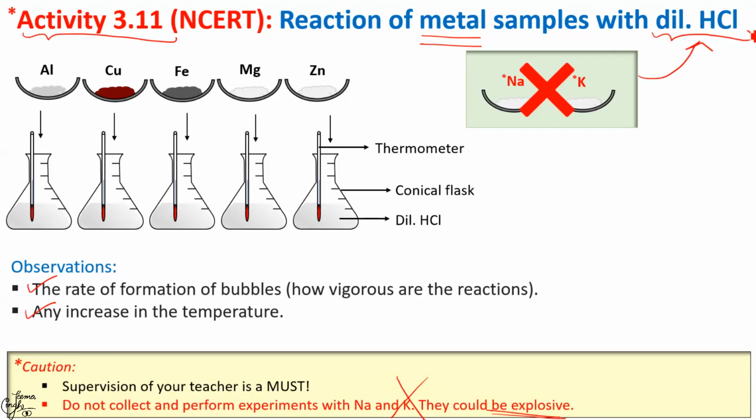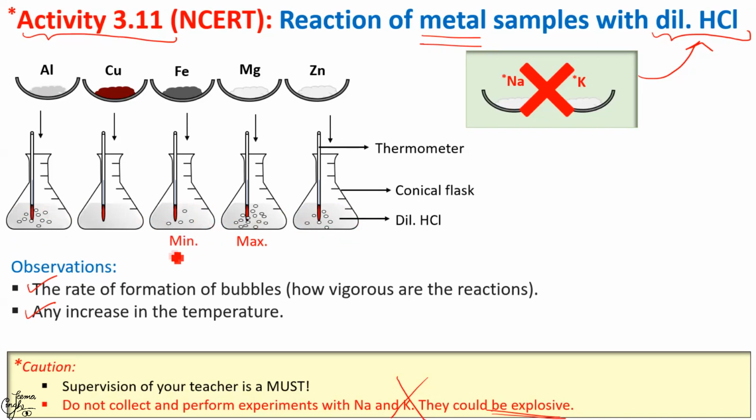Coming to the observation, we will observe that the maximum bubbling of hydrogen gas is observed during the reaction of magnesium with dilute HCl, followed by that of aluminium, zinc, and iron.